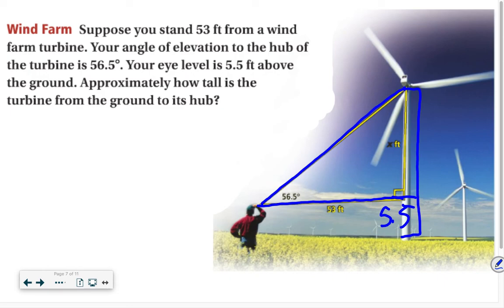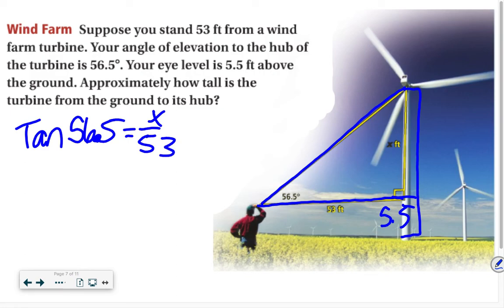How can I find my side? Tan of what? 56.5. Tan of 56.5 equals X over 53. Awesome. How do I solve? Times 53.